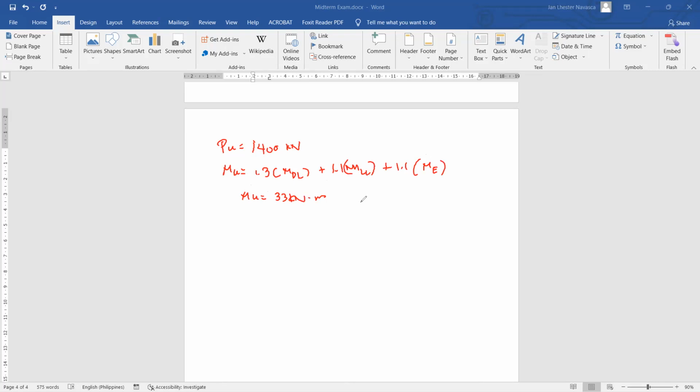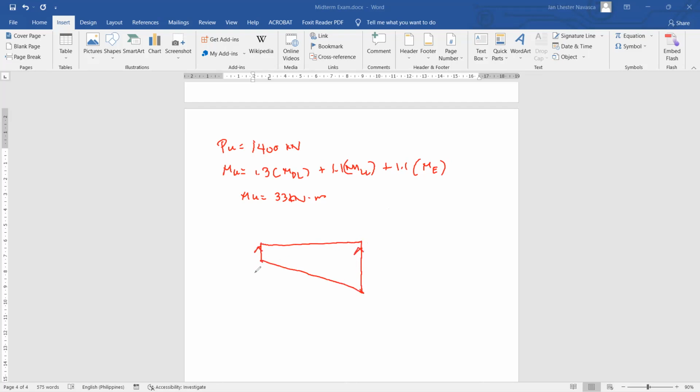Okay, so ito na yung actual ultimate loads ng ating footing. Based from that value, you can now solve for the following: nominal beam shear stress at ultimate loads, nominal punching shear stress, and the design moment. So the pressure diagram is just like this one.